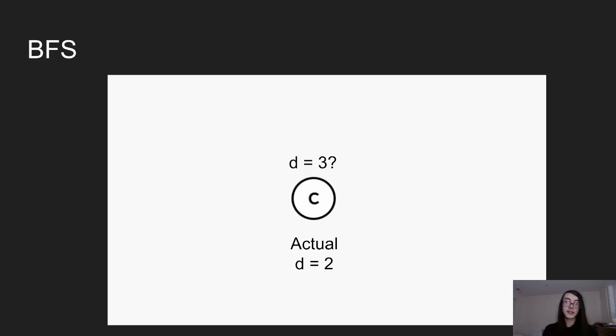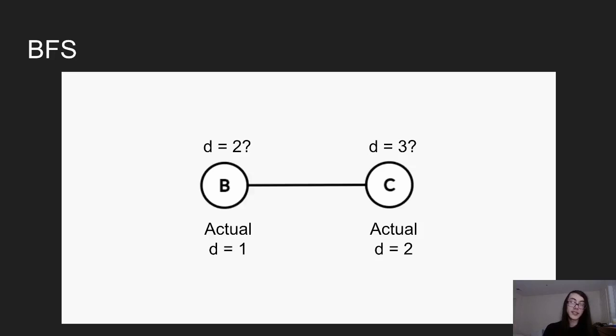Now, if its correct distance is 2, then that means it's adjacent to a node of distance 1. Let's say that node is B. If we said C's distance is 3, then we must have gotten B's distance wrong too, because otherwise we would have visited C after visiting B, and therefore we would have marked C's distance as 2 since B's distance is 1. So we must have marked B's distance as 2 while it's actually 1.